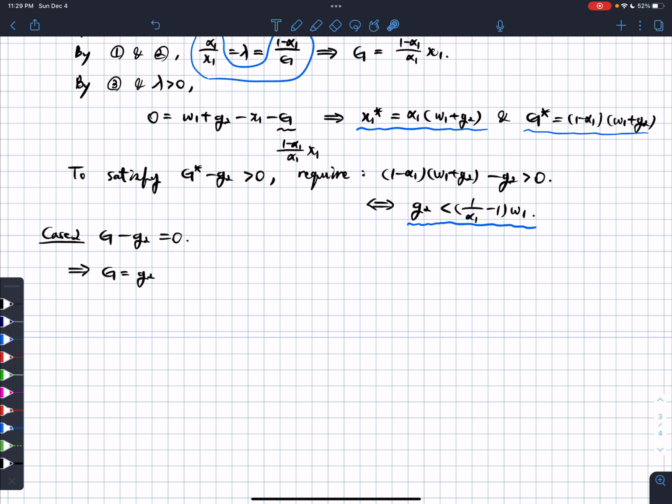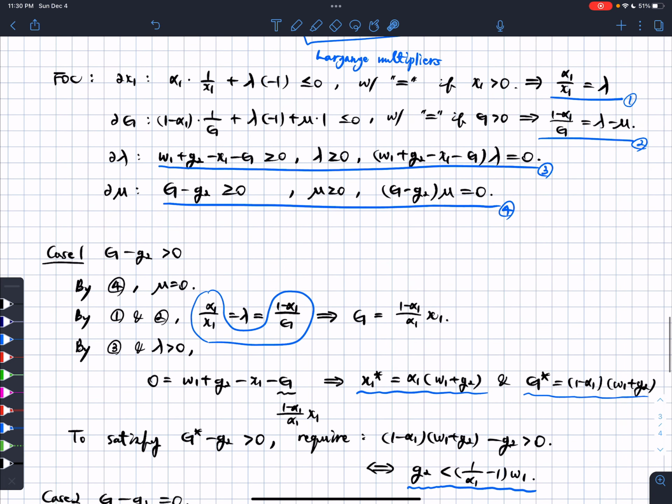So to continue writing, big G is equal to G2, and what about x1 star? Given this constraint, where this guy is equal to 0 and big G is equal to G2, then x1 should be equal to W1, right?